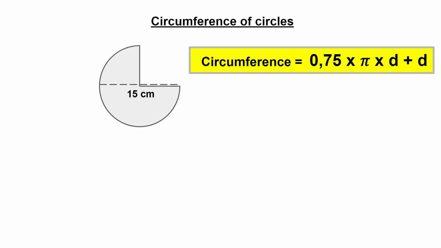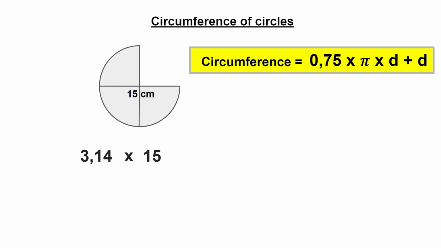But first, let's write out our formula for the circumference of a full circle. Then we'll plug in the correct information and make changes to the formula as we go along and explain what those changes mean. So first, as you know, pi is 3.14 and the diameter is 15 centimeters. Now, since we're calculating the circumference of 3/4 of a circle, let's make some changes to the formula so that we get the correct circumference.